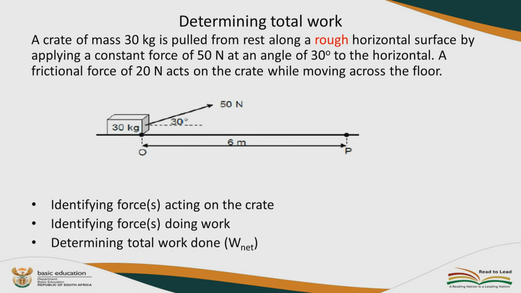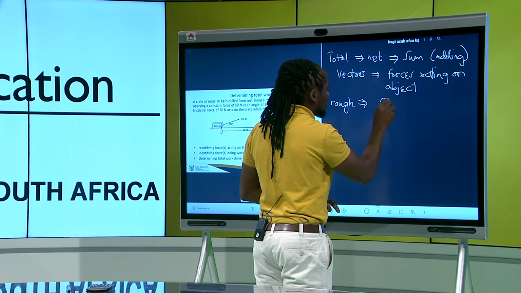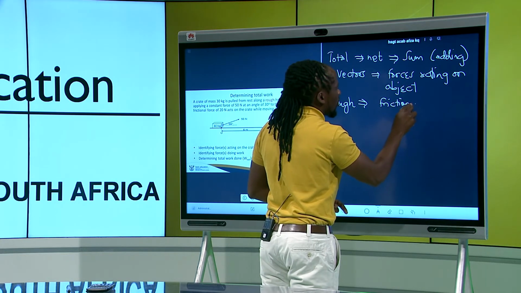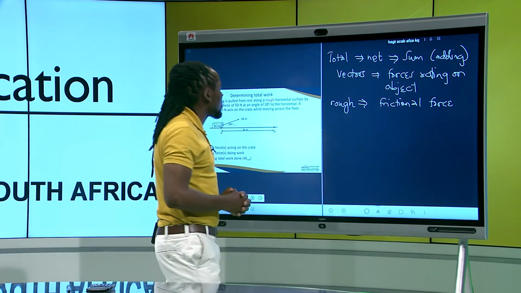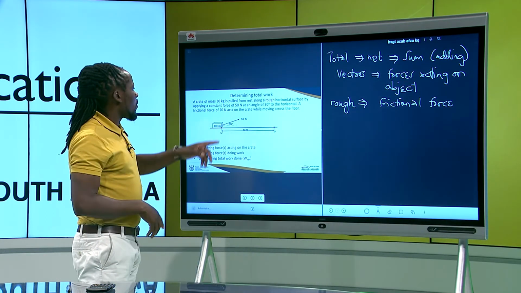A crate of mass 30 kg is pulled. The moment we say pull, it means that a force is applied onto the object of concern to us, along a rough horizontal surface. When it says rough, the implication, as we know from grade 11, is that there is a frictional force acting on the object, and we assume that force is constant.